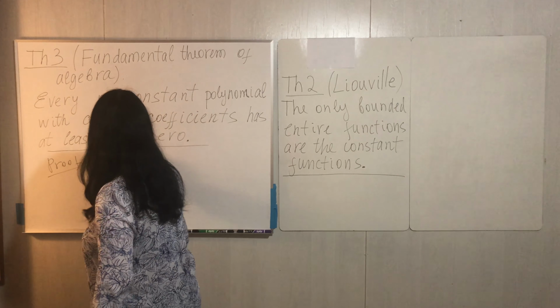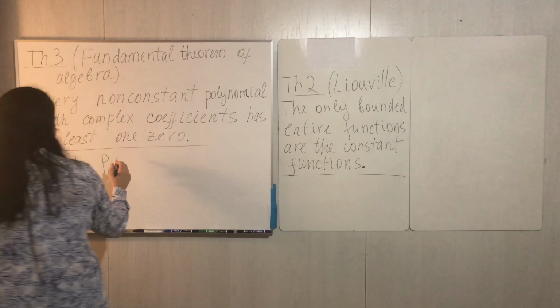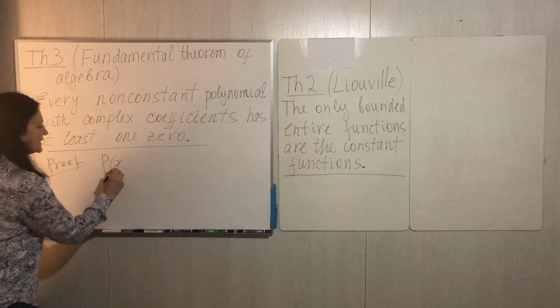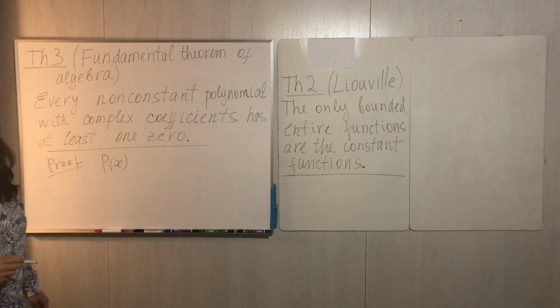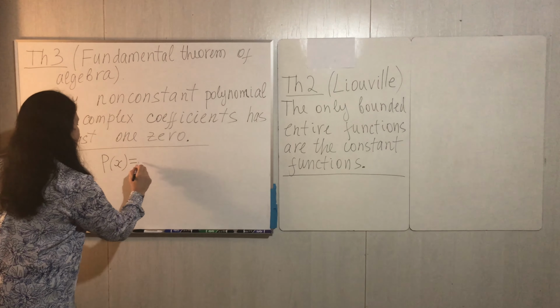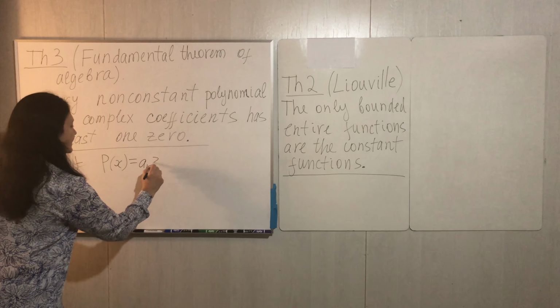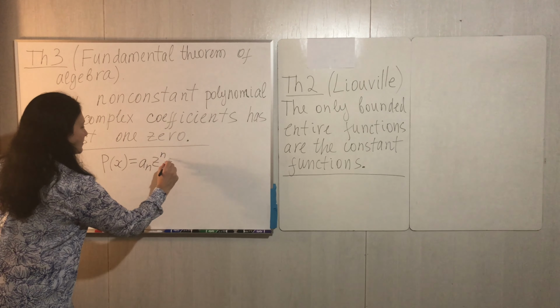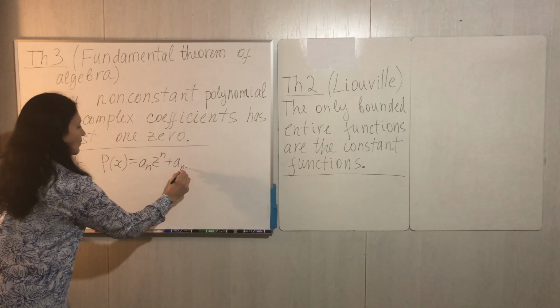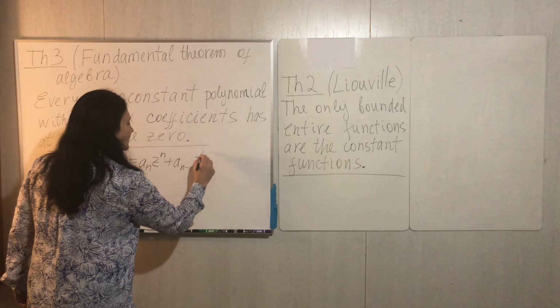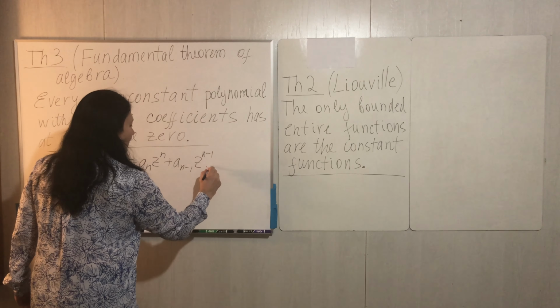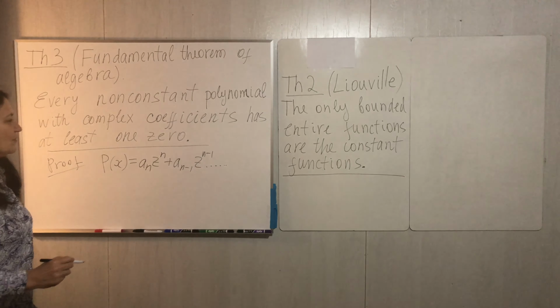So suppose we have a polynomial p of z. It will be a function, say a_n z to the n plus a_(n-1) z to the n minus 1, and so on.